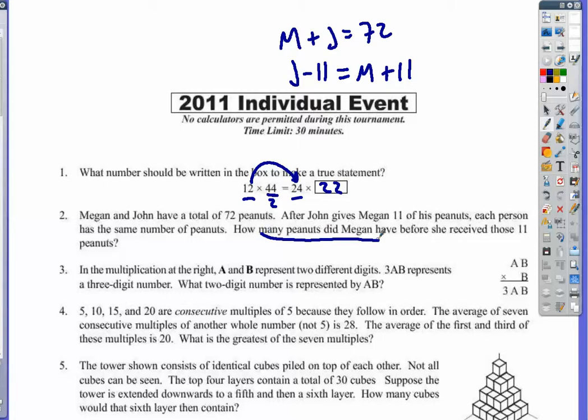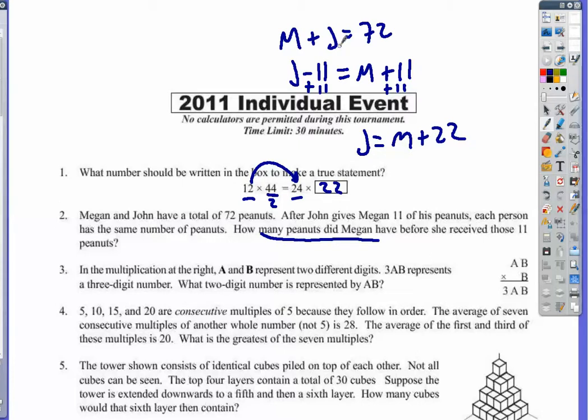So what's the opposite of subtracting 11? Adding 11. So I get John is equal to Megan plus 22 peanuts. Well, if John is equal to Megan plus 22 peanuts, that means I can put Megan plus 22 peanuts here.